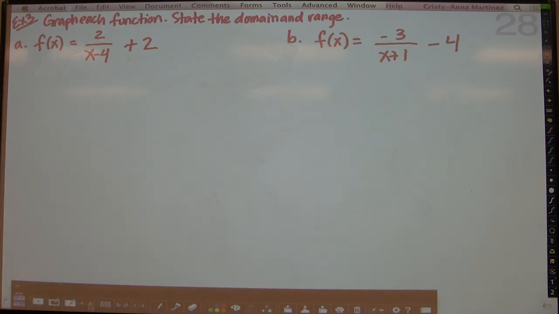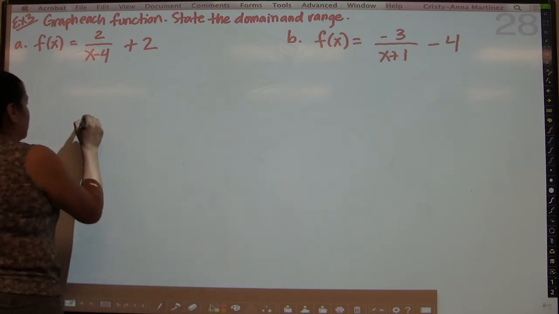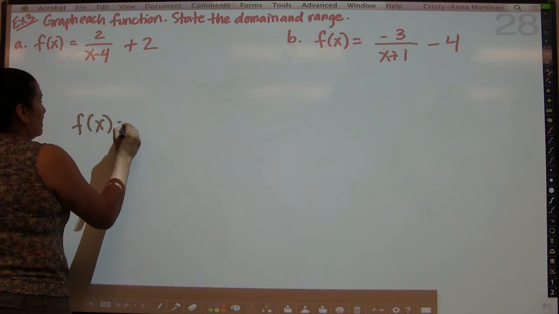You heard me mention a little while ago about the minus 1 and how that affected the graph. But basically what you're seeing here is transformations. We did them in quadratics, we did them with absolute value, and we're doing it again here with reciprocal functions. Anytime you have a number inside of grouping symbols, we mentioned earlier that our parent function was 1 over x.